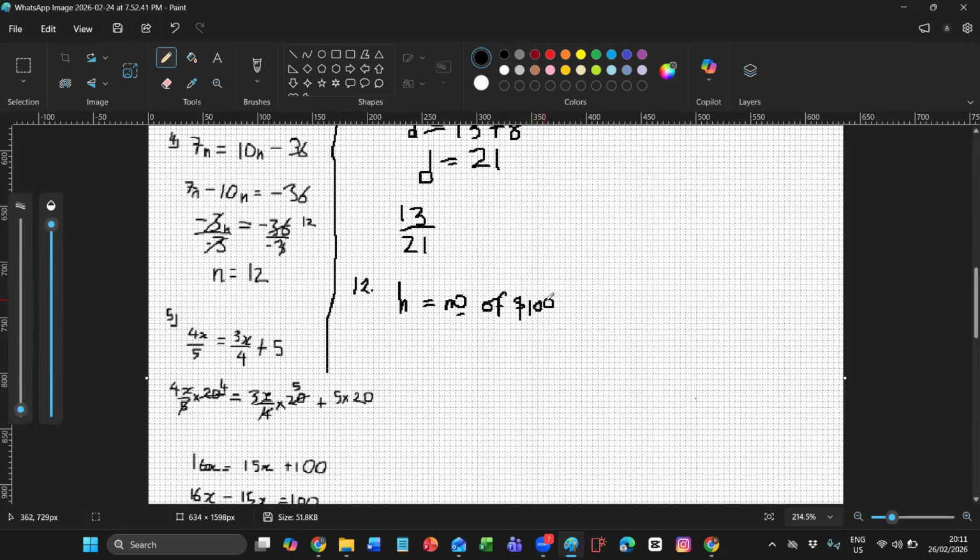Then I'll use T to be the number of $25. Once we've established what our variables mean, let's now go and interpret them.